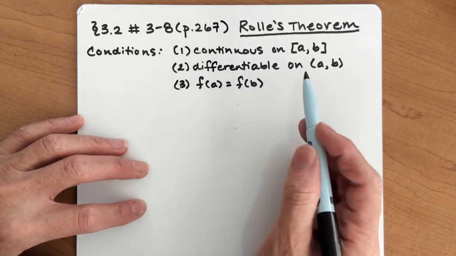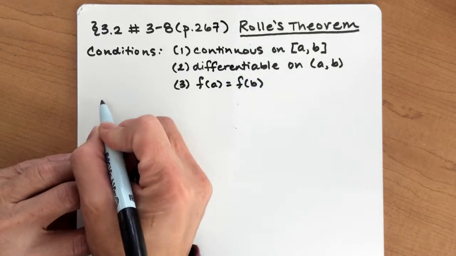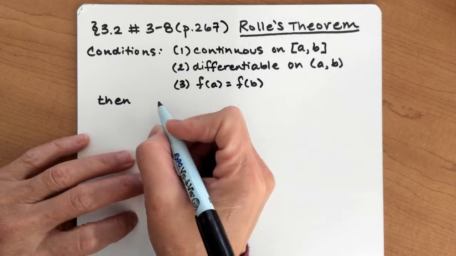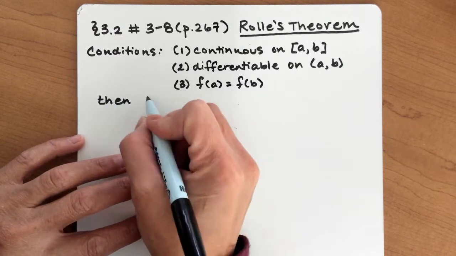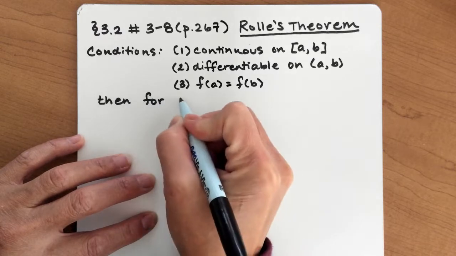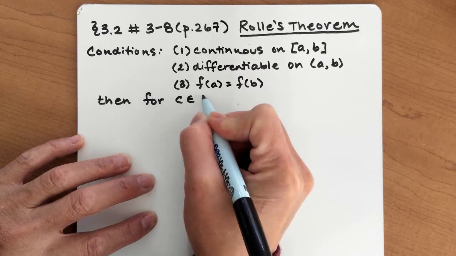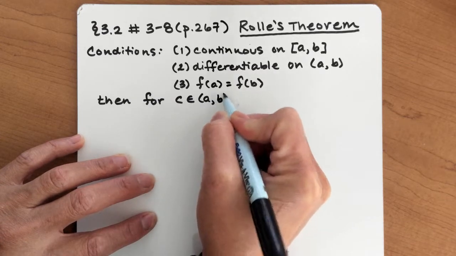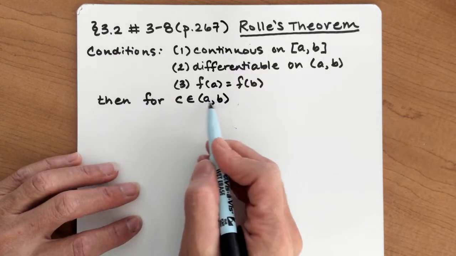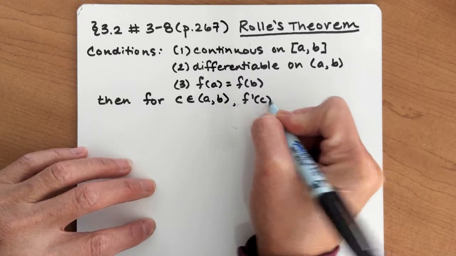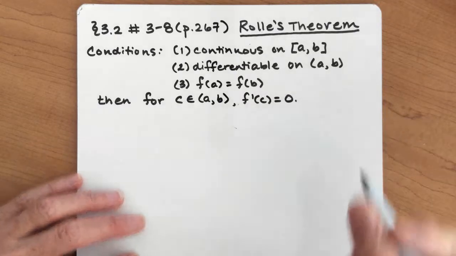If these three conditions are met, then I'll write it formally and then I'll explain it. For some x value between A and B, for some c value in this interval, the derivative equals 0.